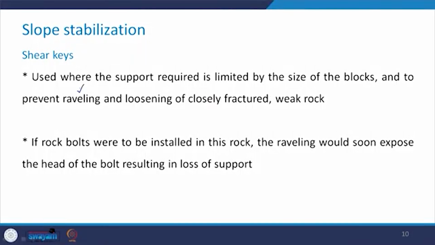We discussed this term when we were discussing tunneling. So, the provision of a shear key is helpful in preventing raveling. Now, if rock bolts were installed in this type of rock, what would happen? The raveling would soon expose the head of the bolt, resulting in loss of support. Therefore, shear keys are more useful in such cases.